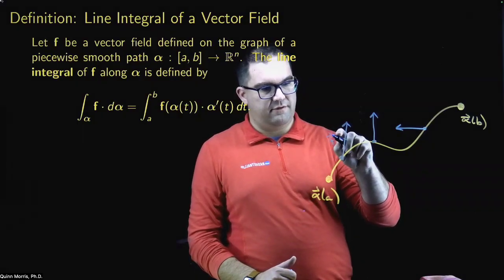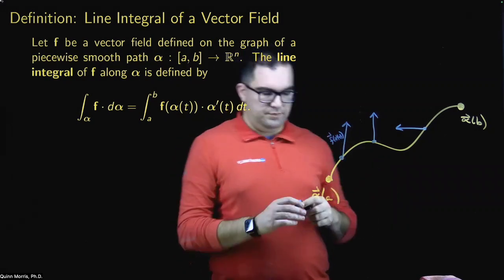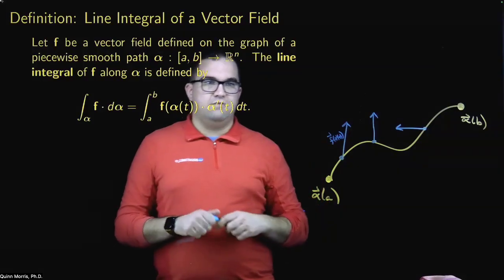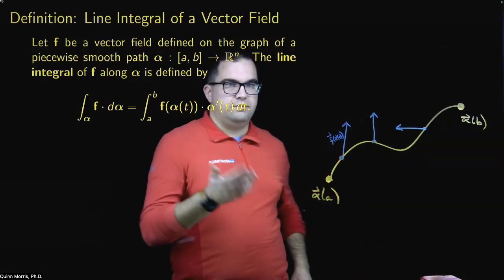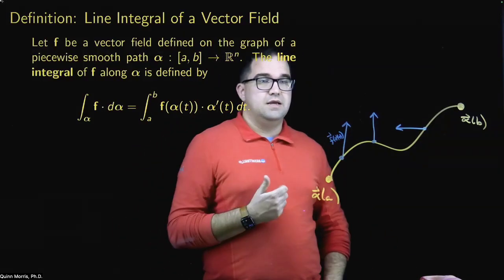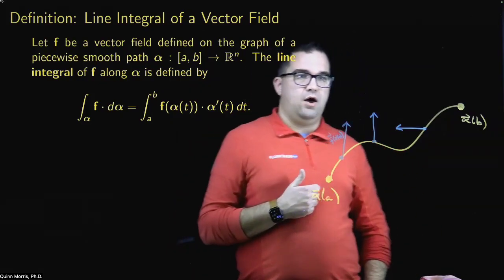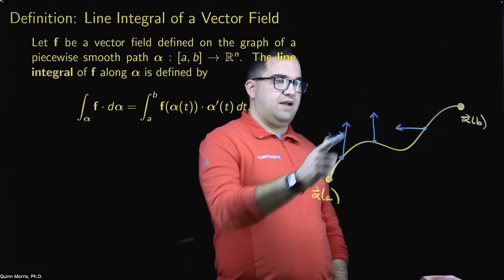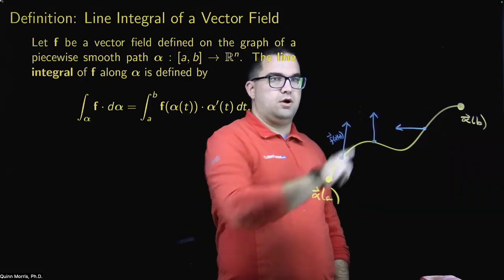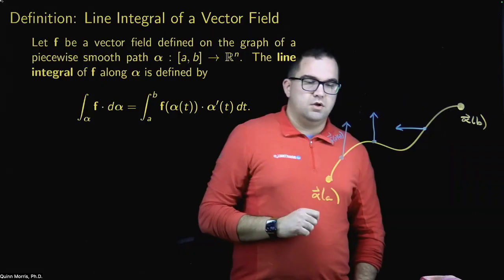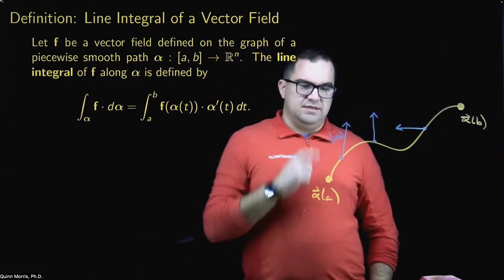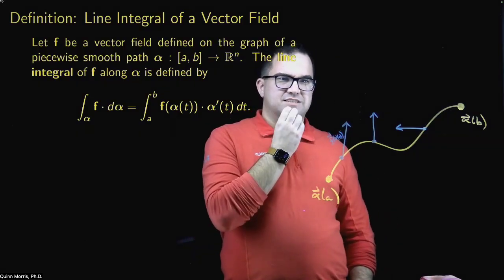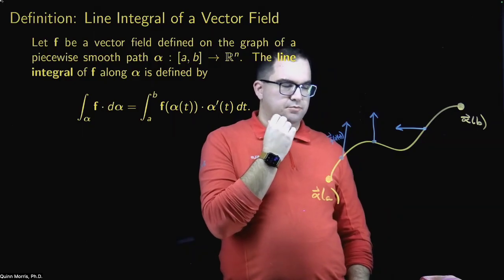Now, one purpose the line integral serves is usually to help calculate the amount of work done by some vector field as a particle moves along a path. That's a scalar quantity I want to capture.